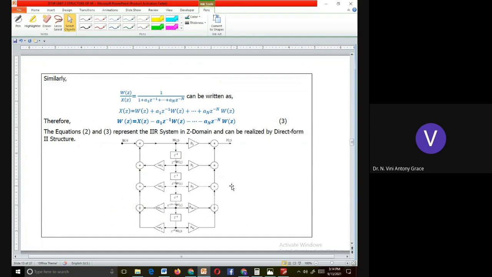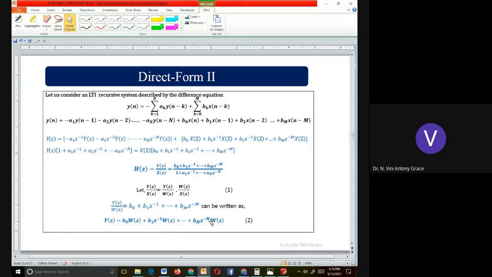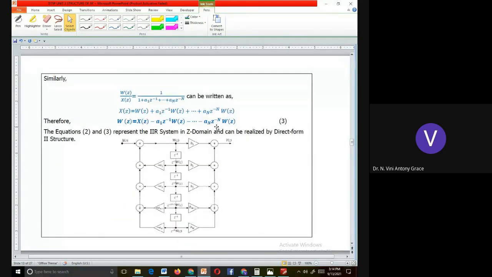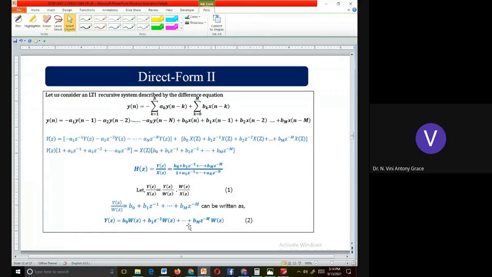Now we are supposed to draw the direct form 2 structure of equation 2 and equation 3. These are the two new equations for which we have to draw the structure. Equation 2 is obtained. Hope you are understanding the steps.